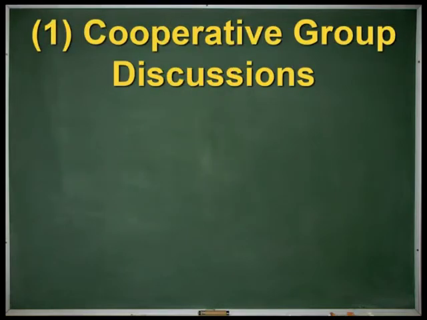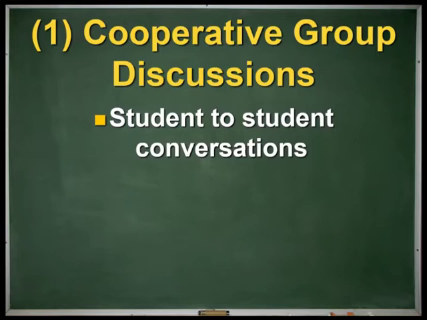One way of encouraging that immediate and continuous feedback is using cooperative group discussions. I talk an awful lot about this, and I can't overemphasize just how valuable this is for student learning. When students have those casual conversations or the in-depth conversations about science ideas, this is immediate feedback.